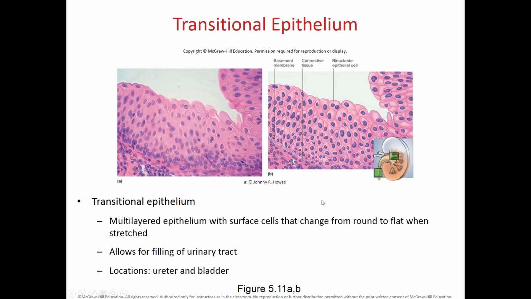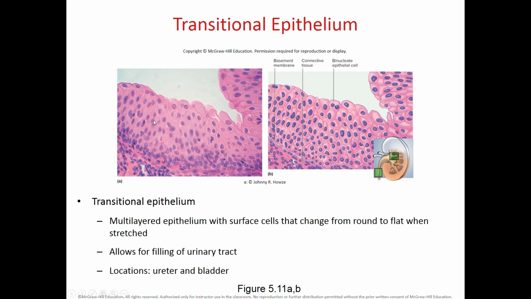Now, transitional epithelium, it's a multi-layered epithelium with surface cells that can change from round to flat when they are stretched. This epithelium usually is located within the ureter in the urinary system and also in the urinary bladder. So these cells are cells of this part of the kidney that we call the renal pelvis and the renal calyces.